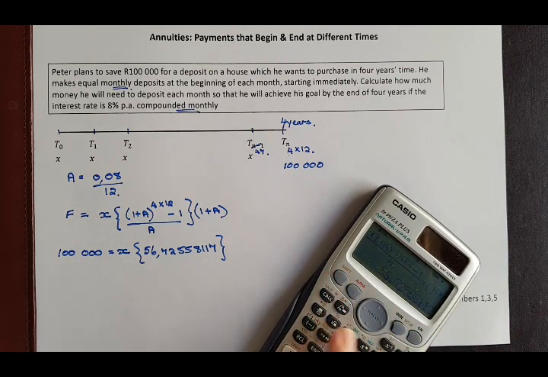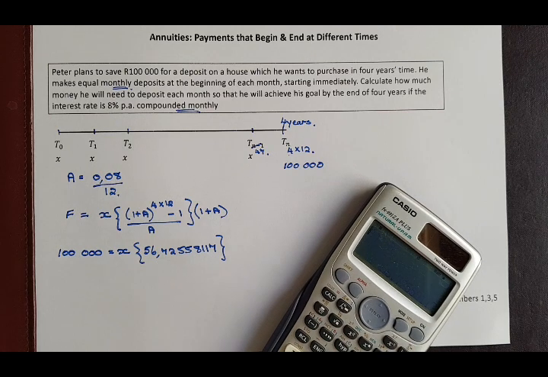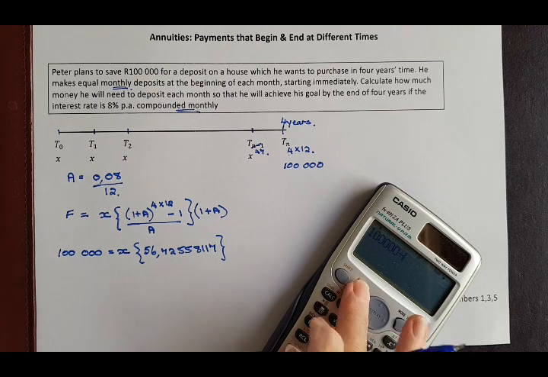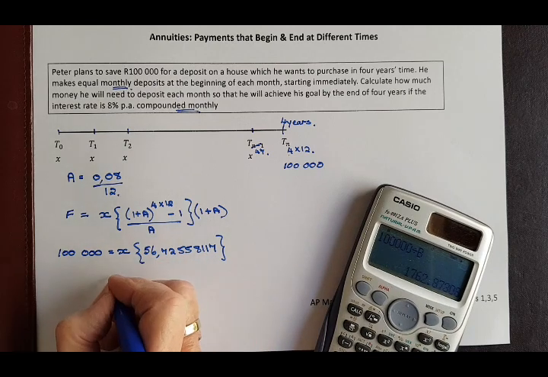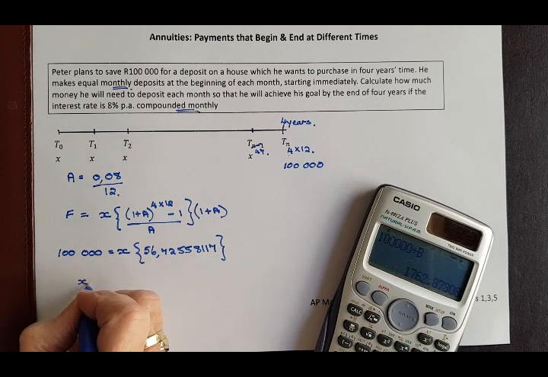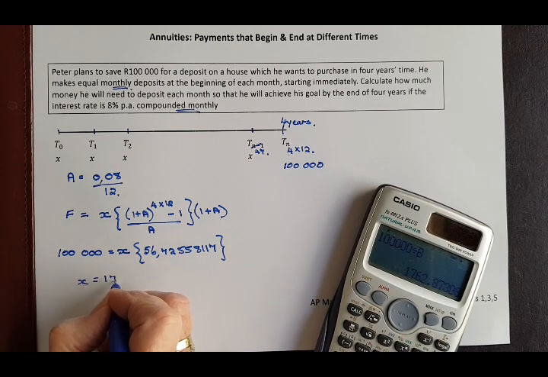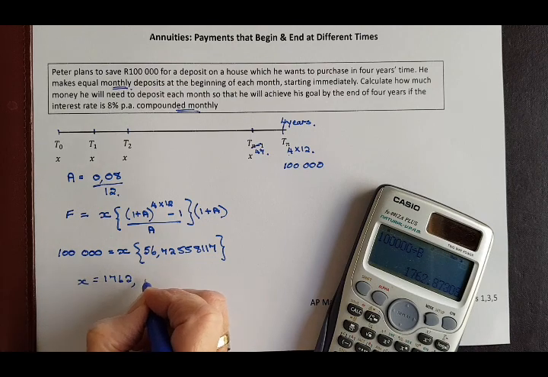Shift store, putting it in memory B so that I don't have to type it out again. 100,000 divided by alpha B is equal to 1762 and 87 cents.